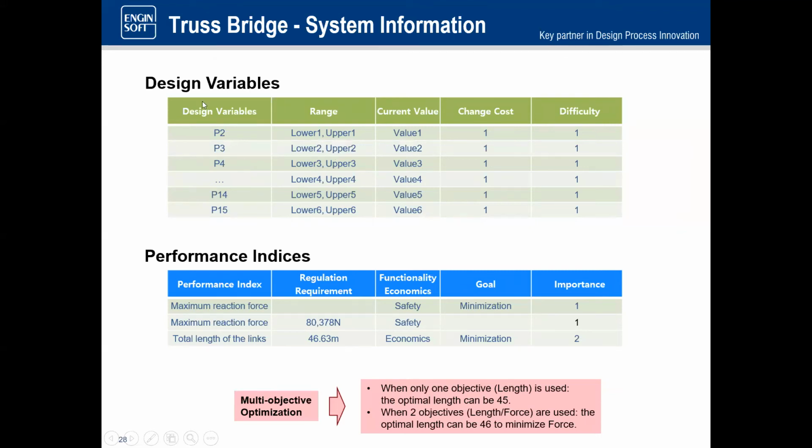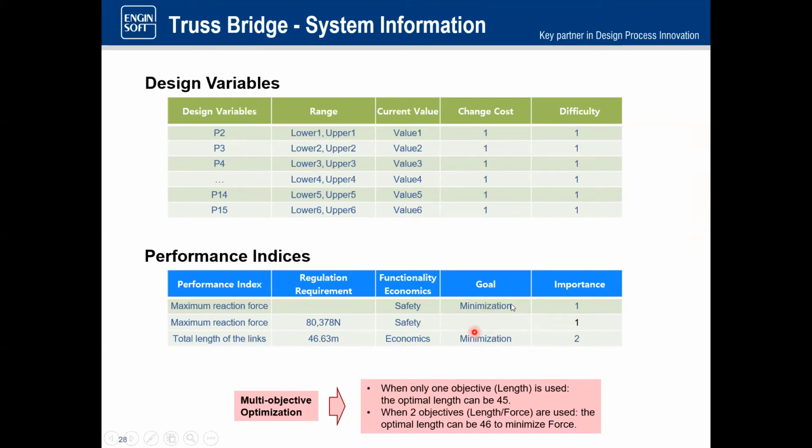So then the design variables are all these different joint locations. When we look at the performance indices, basically we have a reaction force that we're going to track. And then we're also going to be tracking this total length of the links.